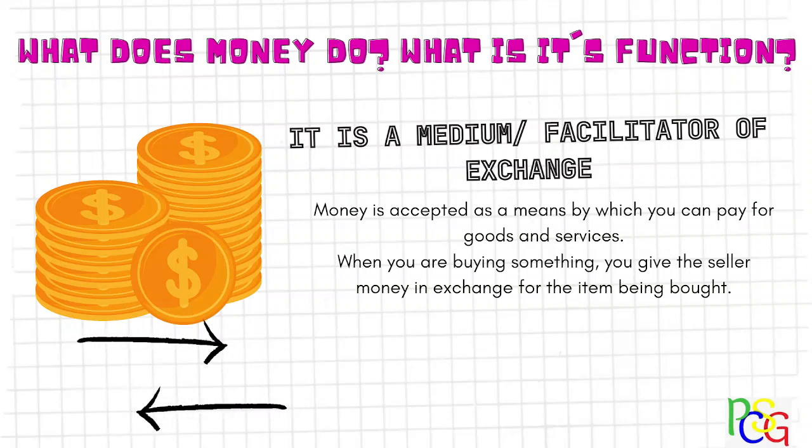Because money is accepted as a means by which you can pay for goods and services, it can facilitate exchange. And we talked about that characteristic, acceptability, earlier on. So because it's acceptable, we can use it to facilitate exchange. When you are buying something, you give the seller money in exchange for the item being bought.